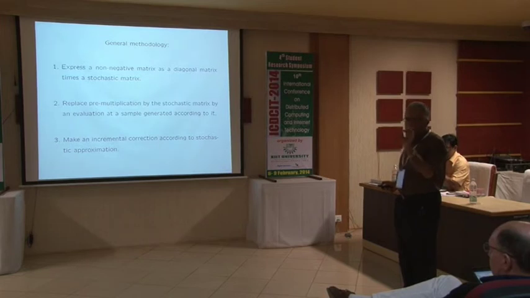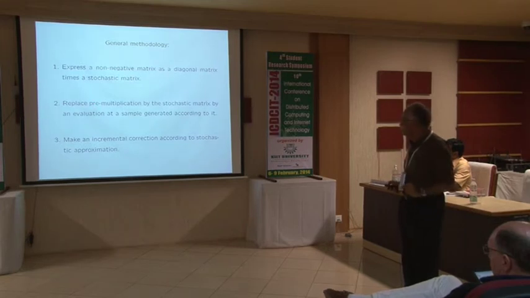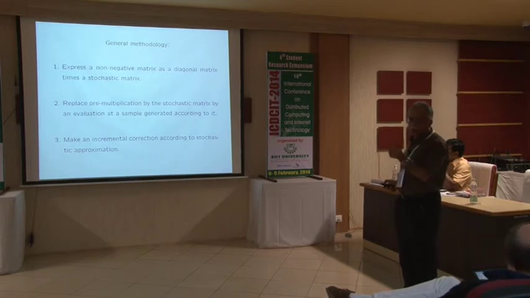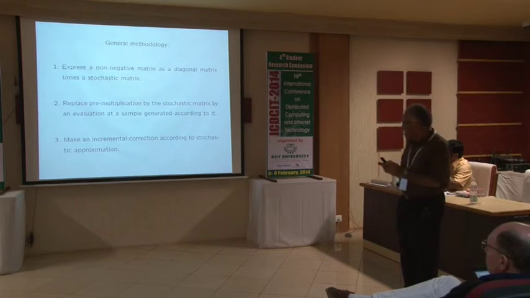So I write Q as D times P, times x, where P is stochastic and D is diagonal. Then P times x becomes row-wise, each term corresponding to an averaging with respect to a stochastic matrix. Replace that average by a sample, an actual random variable generated according to that transition probability, and then we get an incremental correction as in stochastic approximation.